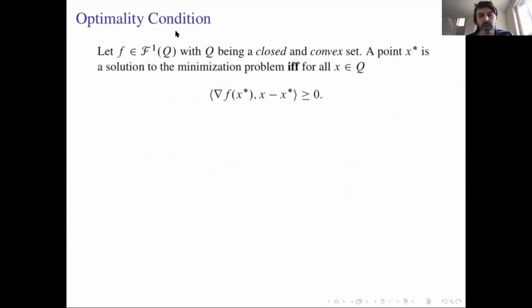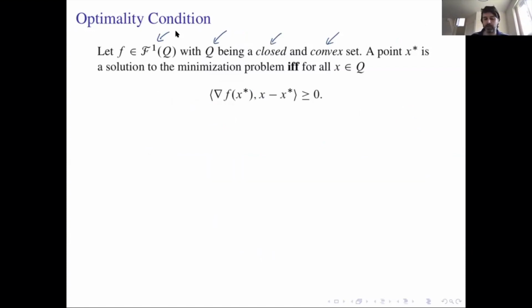Okay, so what is then a good necessary condition for optimum, for minimum or maximum? Here I've written down one. So we are again in the continuously differentiable functions. Q is convex. We also need that it's closed. So closed is a topological property.